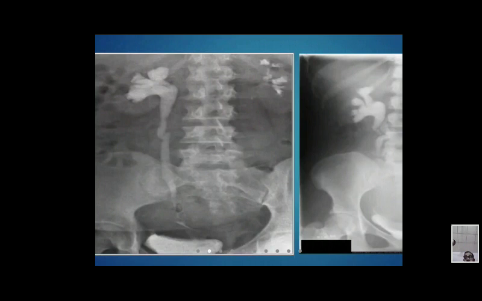But the most important congenital cause is the posterior urethral valve. Usually it is the important cause of bilateral hydronephrosis in children.